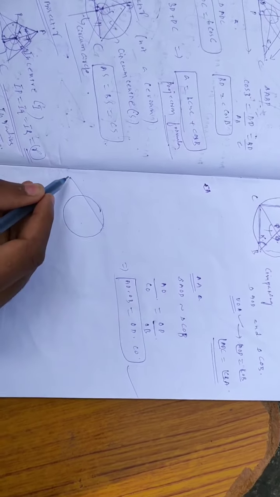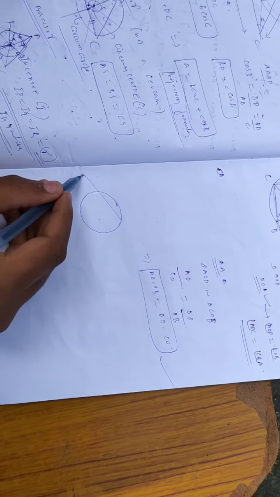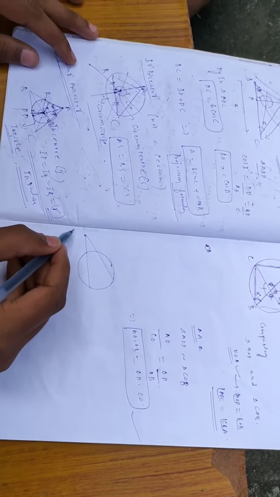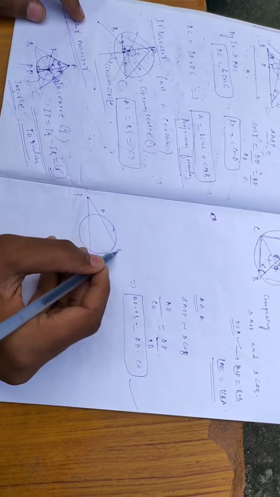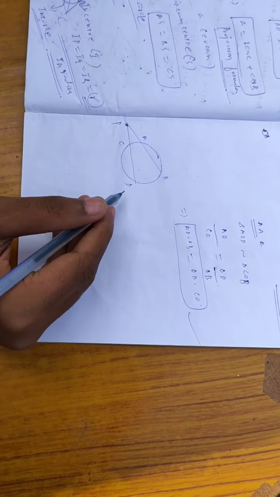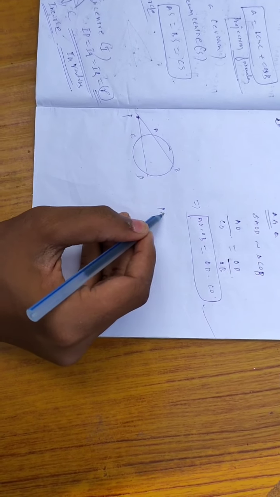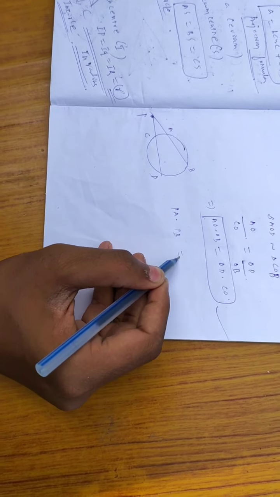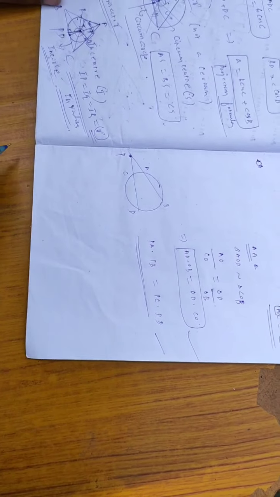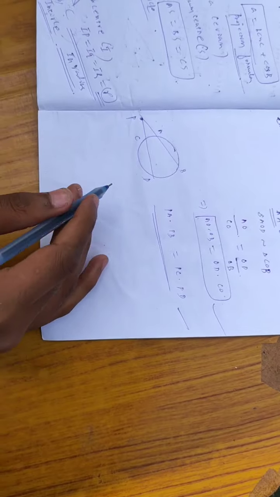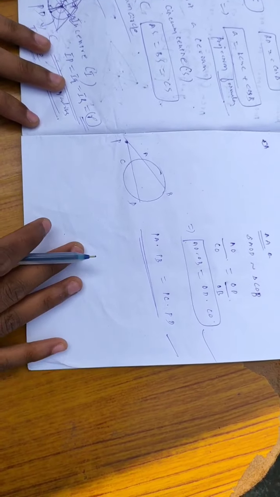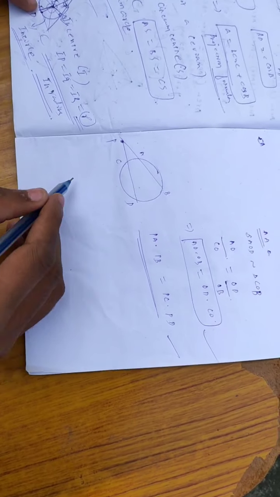Similarly, for another one, I will not prove this right now. If we draw two chords PAB and PCD from an external point, we can write PA into PB is equal to PC into PD, right? This is also one of the important ones. We can discuss this proof later, probably in circles.